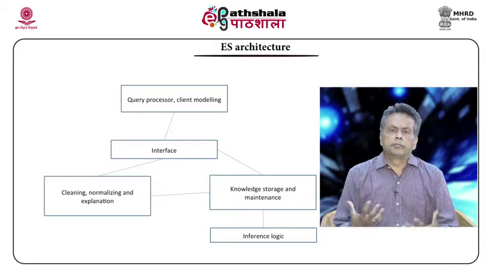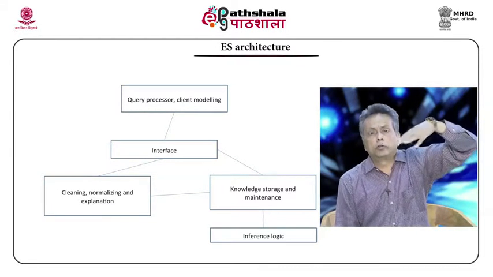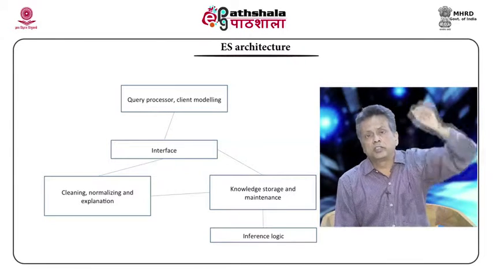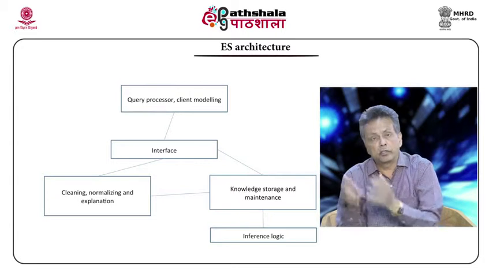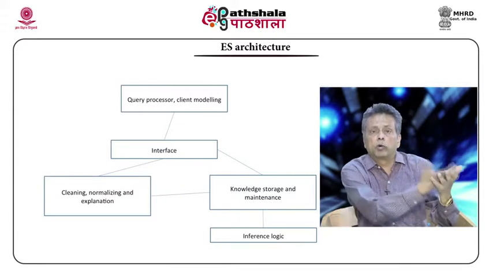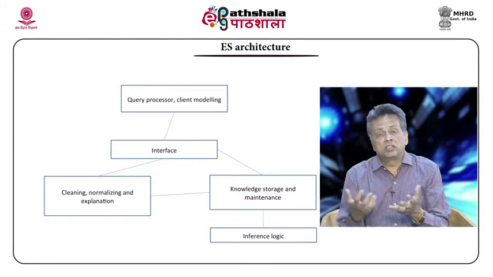The architecture basically contains a component which interfaces with the client, something which stores and infers from the knowledge, something which provides an explanation facility, and something which processes that knowledge.